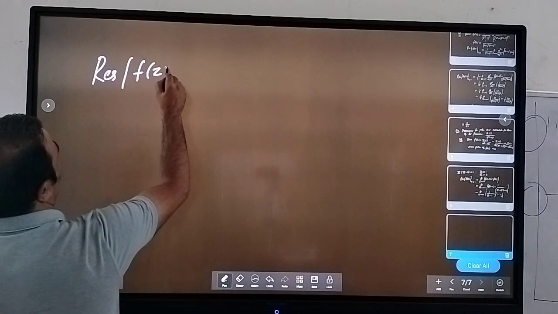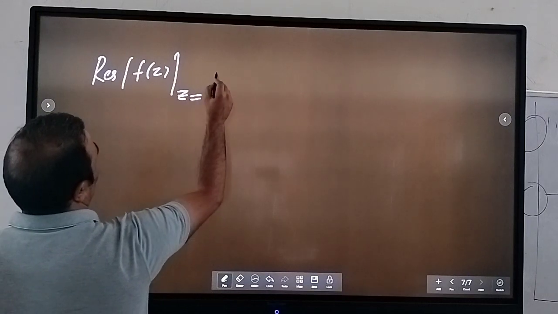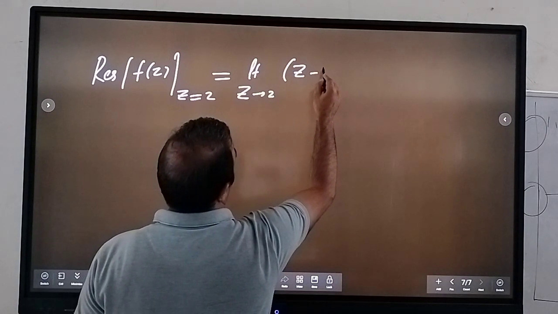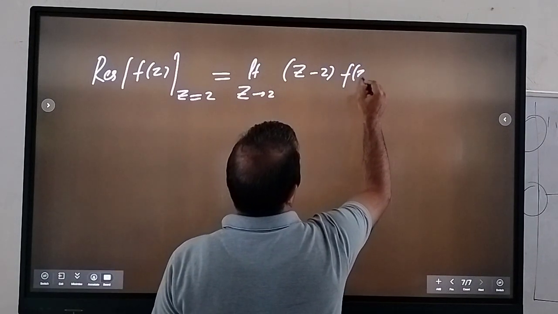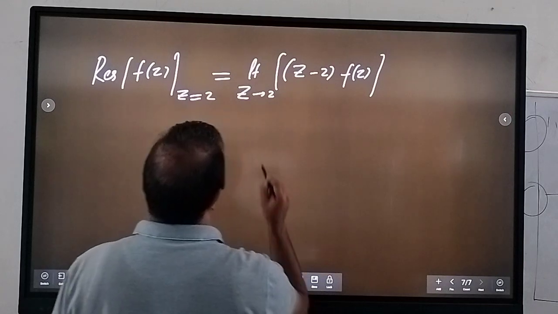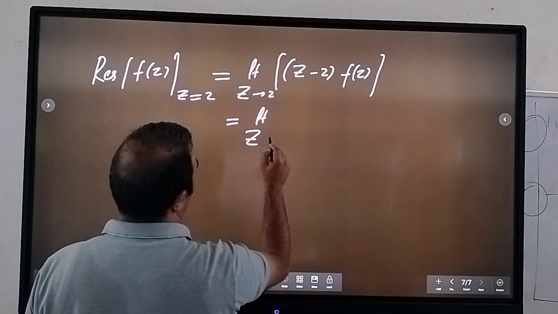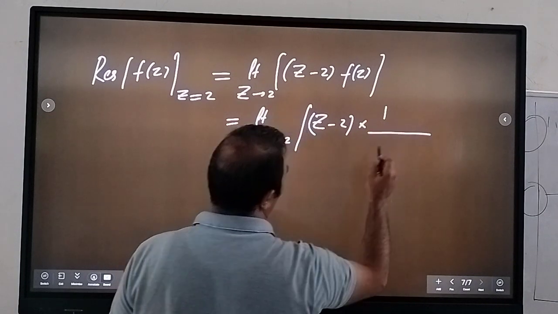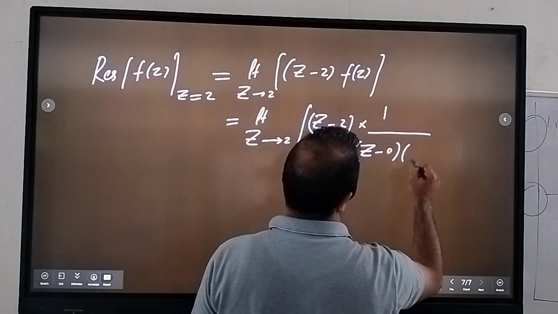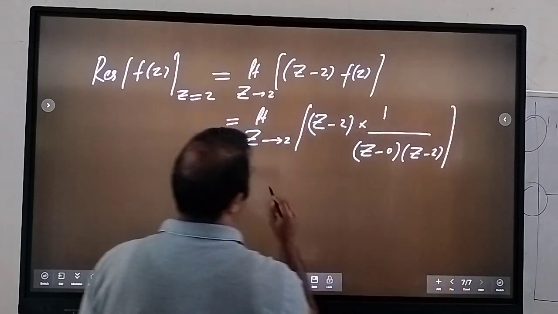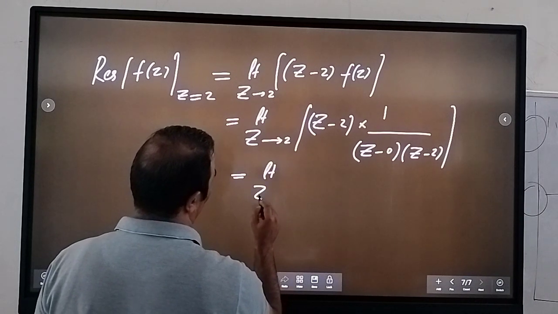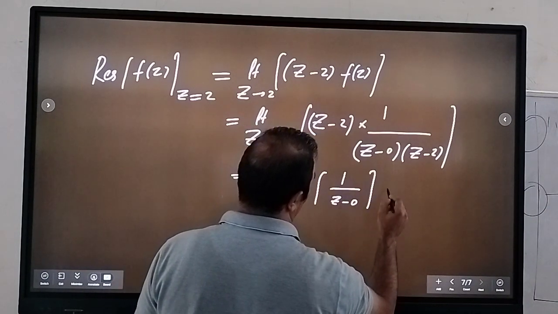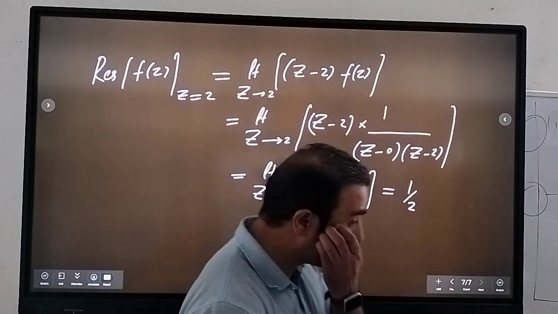The residue of this f of z at z equal to 2, so that's equal to, or you can rewrite this as, that's 1 by 2 because z equal to 2, so this is 1 by 2.